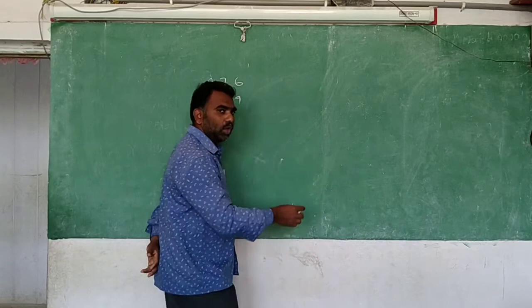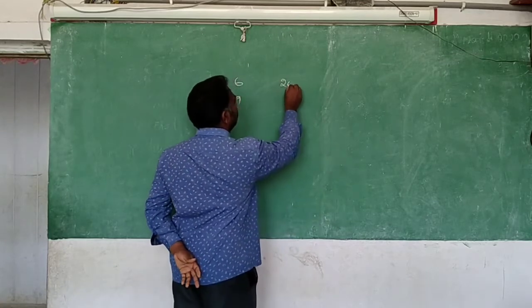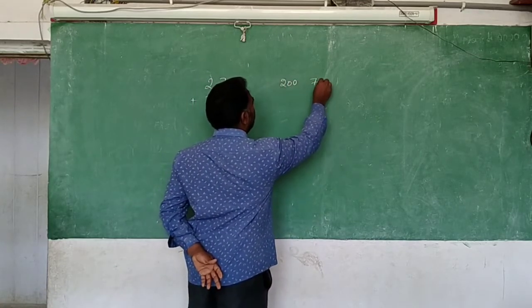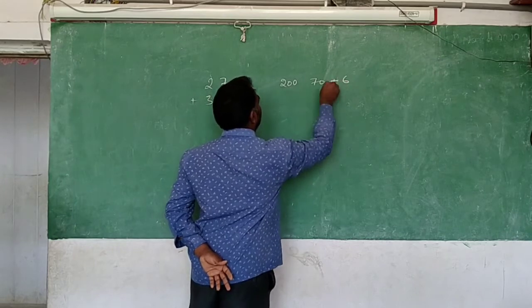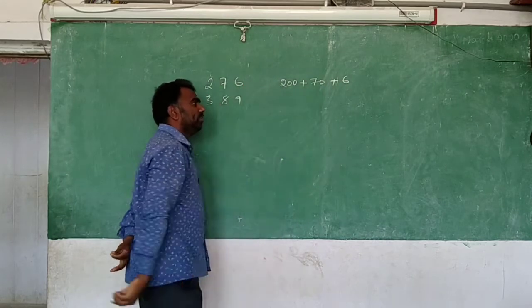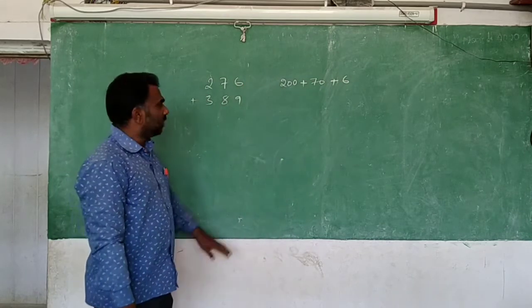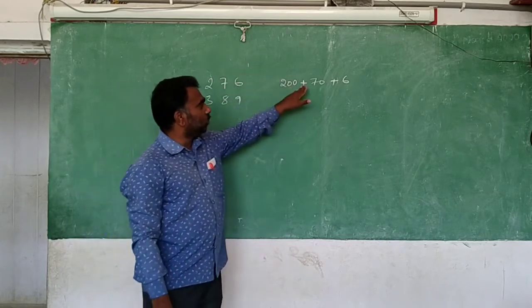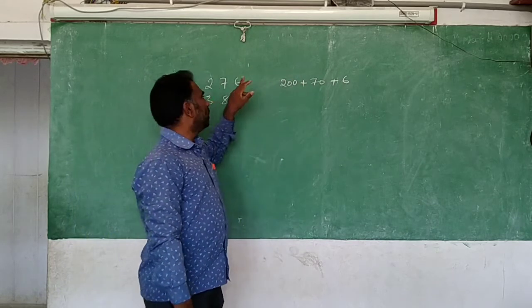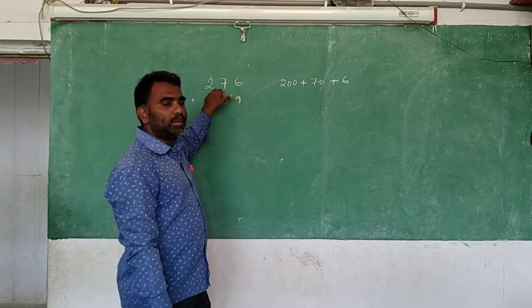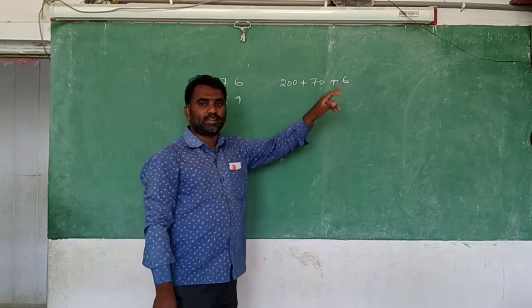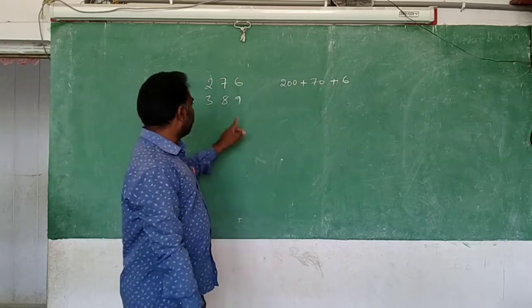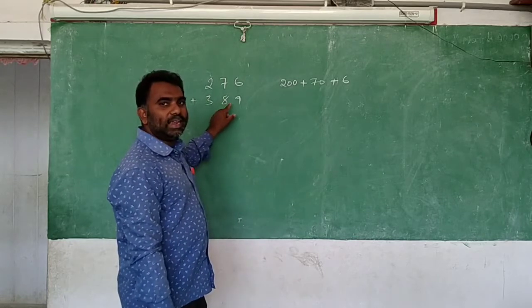276 means 270 and 6 together will become 276. So I am splitting the number into expanded form. 276 means 200 plus 70 plus 6. Same like that, the next number is 389.